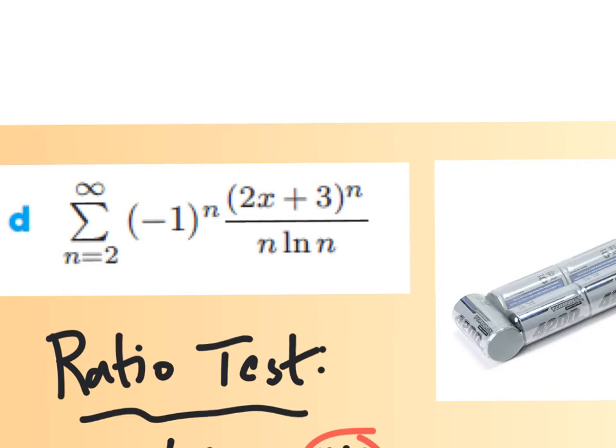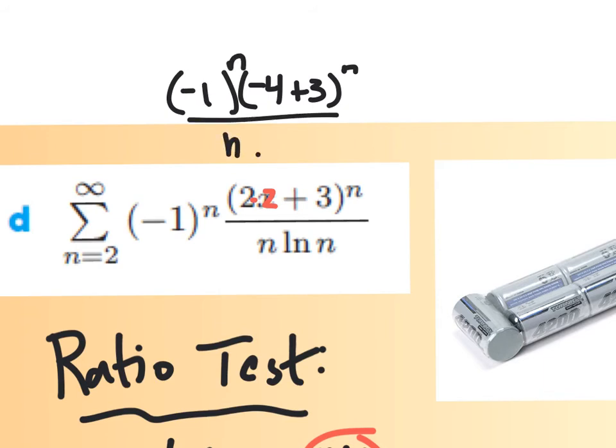If I plug in a negative 2, let's just do this mentally. That would be negative 4 plus 3 to the nth, negative 1 to the nth, times that over n natural log of n.